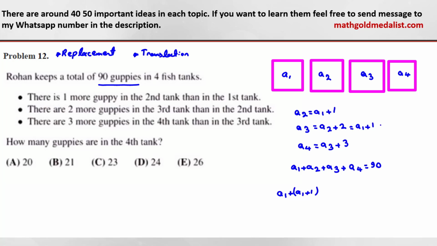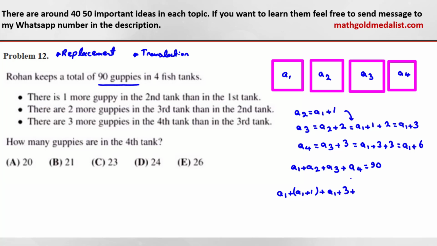So if I replace A2 with A1 plus 1, it will be A1 plus 1 plus 2, A1 plus 3. And again, A4 is A3 plus 3, we know A3 is A1 plus 3, so you can write A1 plus 3 plus 3, which is A1 plus 6. So here, replace all terms in terms of A1. For example, A3 is A1 plus 3.